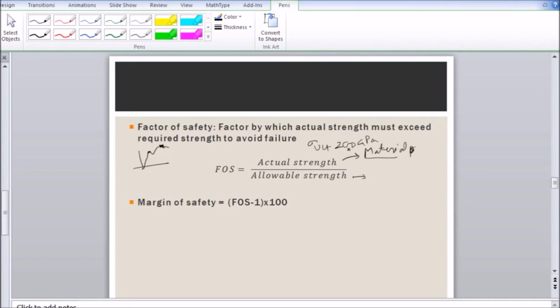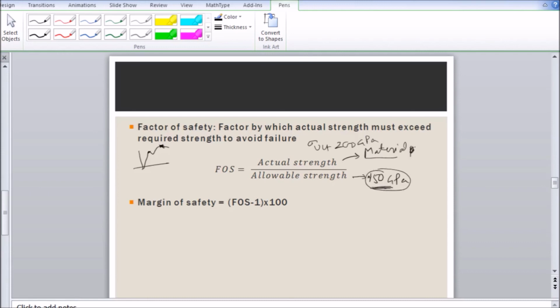But since there are assumptions and idealness in our problem solving, and in reality that is never possible, we allow our maximum stresses up to only a certain limit which is less than 200 gigapascal, so that we are on a safer side. Say, for example, we are allowing only up to 150 gigapascal. That means maximum possible stresses generated due to applied forces should not be more than 150 gigapascals.